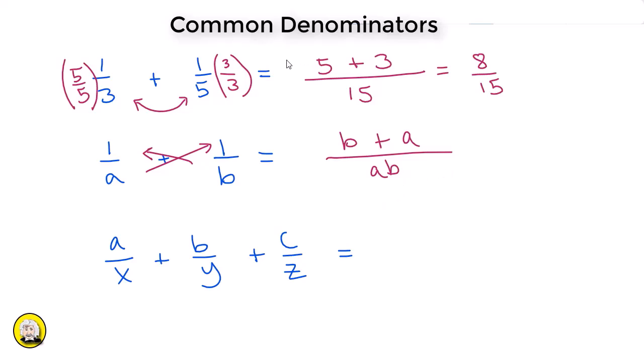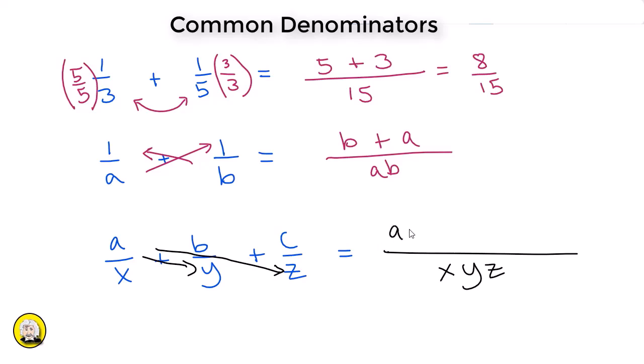So what procedure can we follow in general? If we had three different fractions of the form a over x, b over y, c over z, we again would take the product of all the denominators, x times y times z in this case, and for the a term to adjust that fraction, we would multiply by the other two denominators.